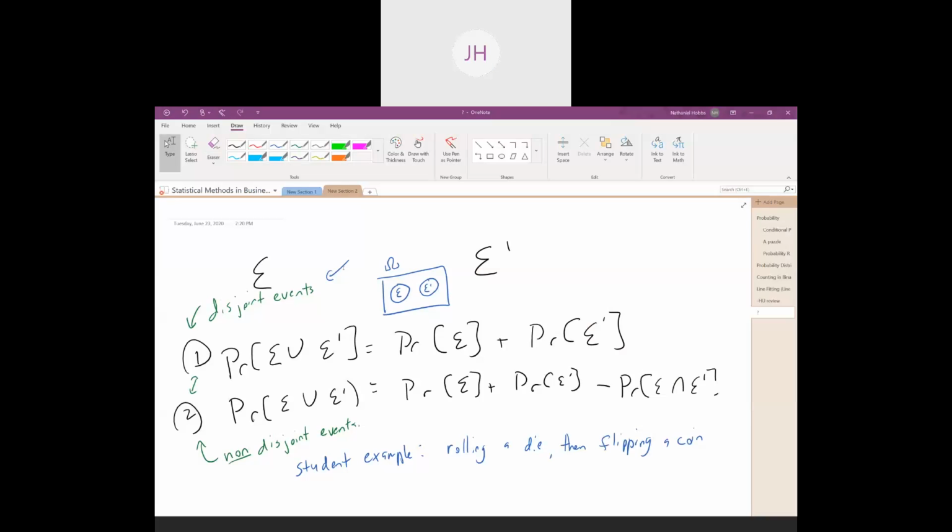I think the equation I used was the second one, where you subtract the probability of both events happening from adding the two previous. That you should do in certain circumstances.